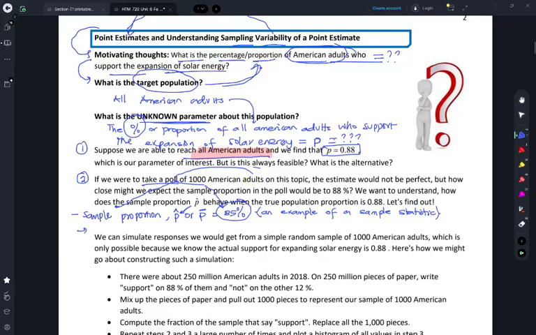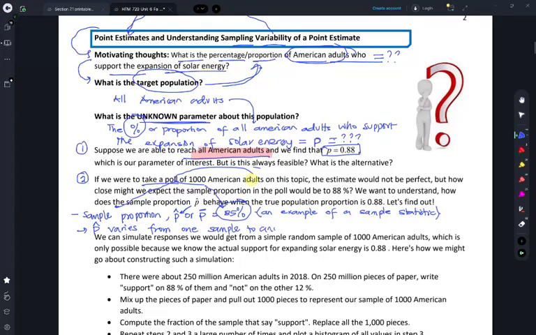And one thing is definitely worth noting, and that is that p-hat, the sample proportion, varies from one sample of 1,000 American adults to another.